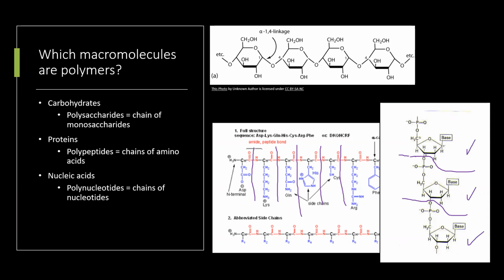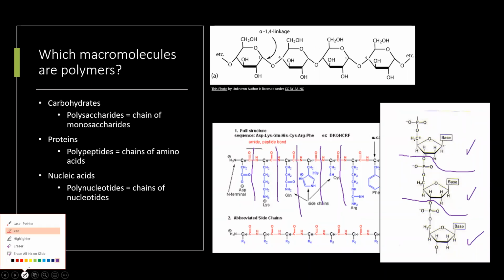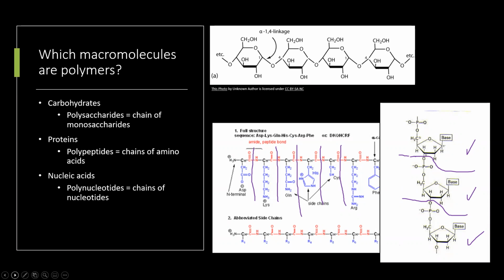And of course, they get a lot longer than that. That is what we call these polymers. They're chains of repeating units. Now, each one of these molecules has a different type of unit, and that is what distinguishes them from one another, and what gives them, of course, different functions.